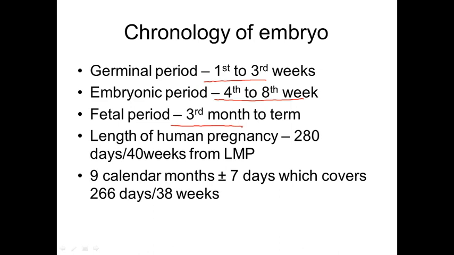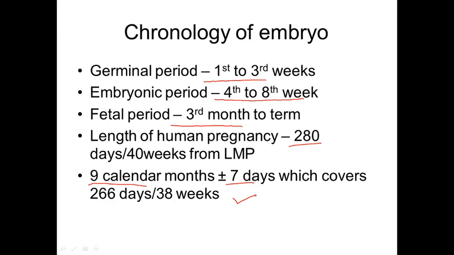The total length of the development of the human embryo is 280 days or 40 weeks from the last menstrual period, that is the date of the last menstrual period. Or in other words, we can calculate 9 calendar months plus or minus 7 days, which covers 266 days or 38 weeks.